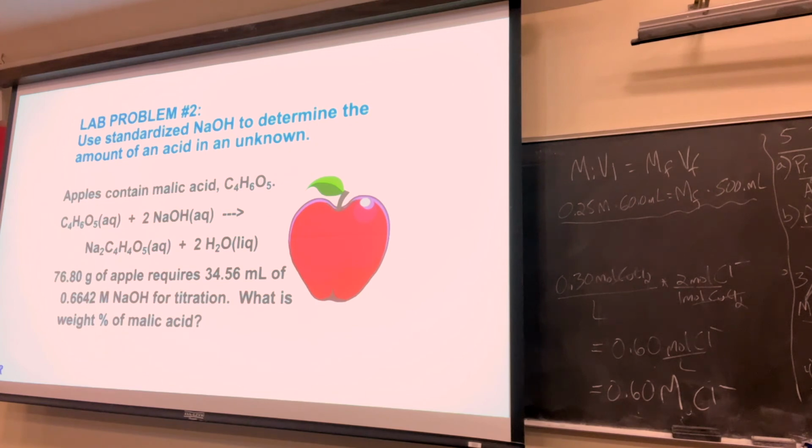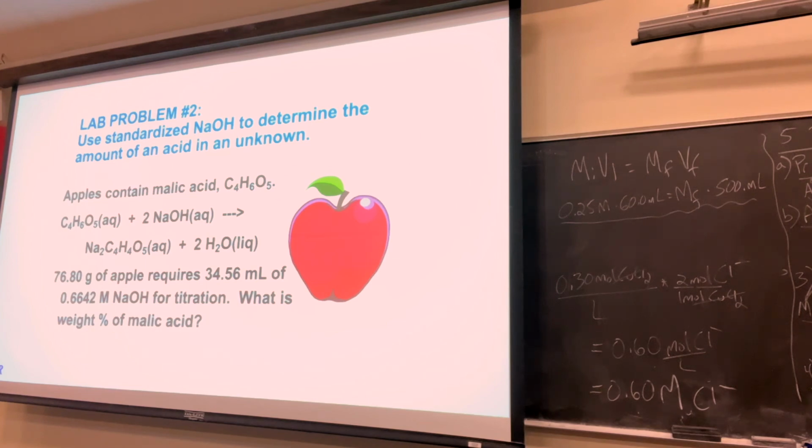Any questions on this problem before we look at it? All right. In the last problem, we went grams of acid to moles of acid because we knew what it was, moles of acid to moles of base divided by volume gave us concentration. Here, we're going to use similar parts, but here we've got volume of base and concentration of base. So if we turn this into liters, liters times moles per liter will give us moles of the NaOH.